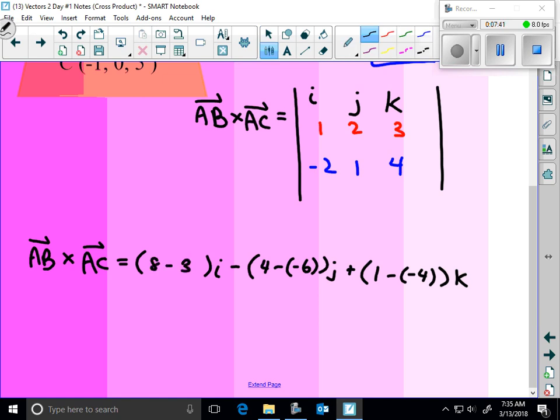Okay, that's better. So it looks like I get 5I minus 10J plus 5K. Let's think about that one more time through, just in case. So cover up my I, I get 2 times 4, which is 8, minus 3 times 1, which is 5I.